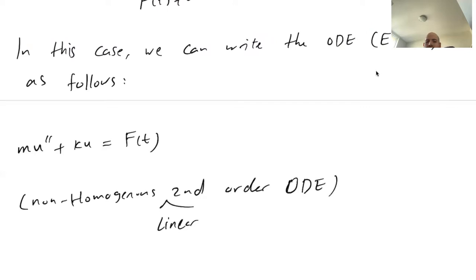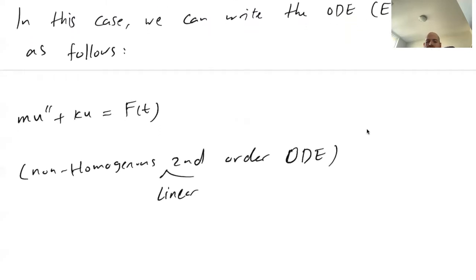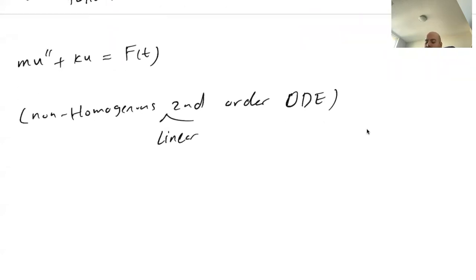And we already saw how to solve non-homogeneous second order ODEs. So we saw that the solution can be written as UC plus UP, complementary solution plus a particular solution.